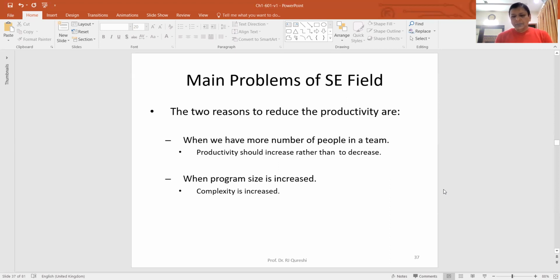And according to Barry Boehm, when program size increases, productivity also decreases, because size is directly proportional to complexity. You increase the size, complexity will increase. Like the example of Microsoft Vista, which had approximately 70 to 80 million lines of code, and Microsoft, which has the best professionals, best software engineers, best architects, failed to fix the bugs in Vista, and Vista was a failed product.